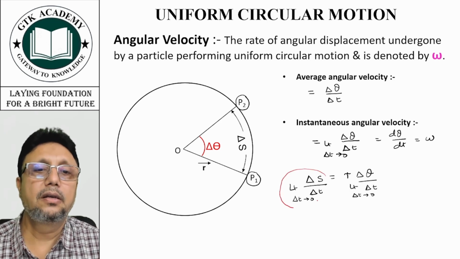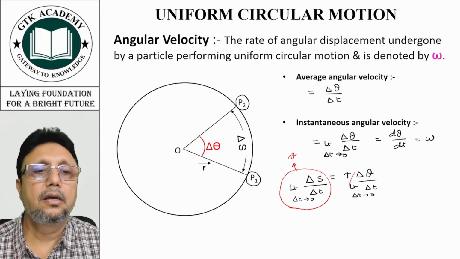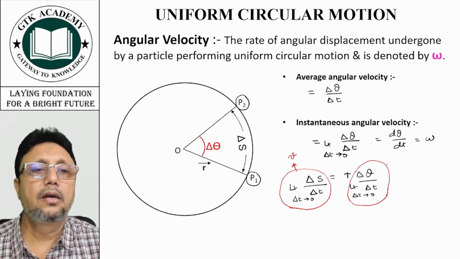Now this one, delta s upon delta t, limit delta t tending to 0, this is v, linear velocity and instantaneous, and this is your angular velocity.